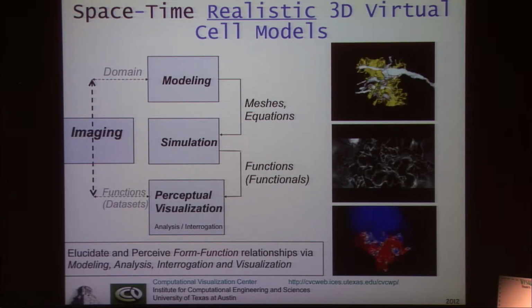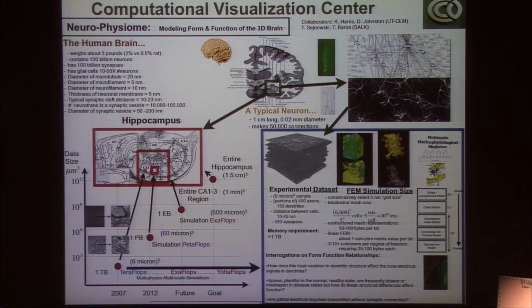So taking a step back then, in my 10 minutes, I said, well, how do I go back and solve these questions and discover all these form-function relationships? So in each of these scenarios, one goes to what we call back-of-the-envelope calculations first. The entire brain, and the Neurophysiome project is to go back and find the entire circuitry of the brain.